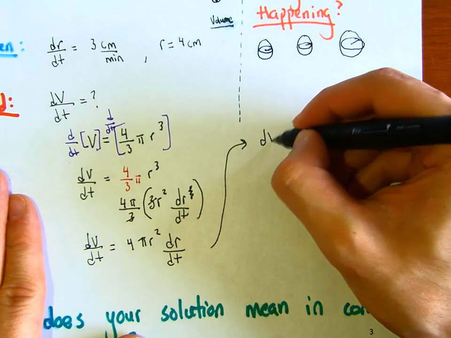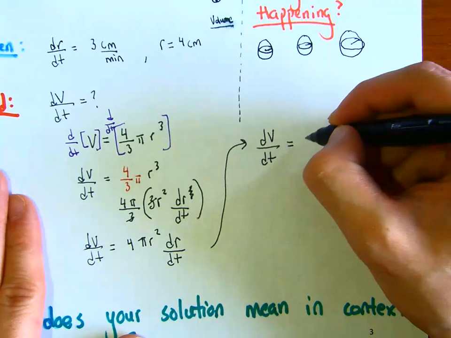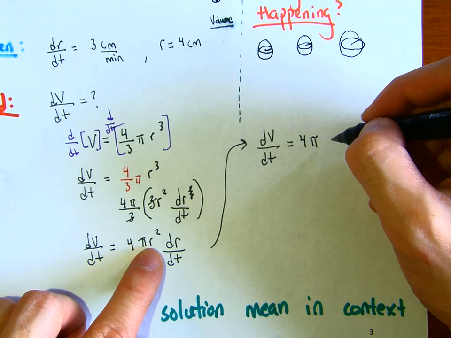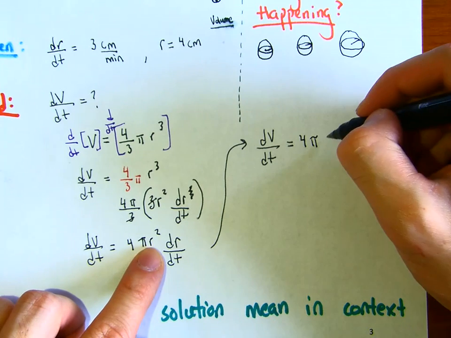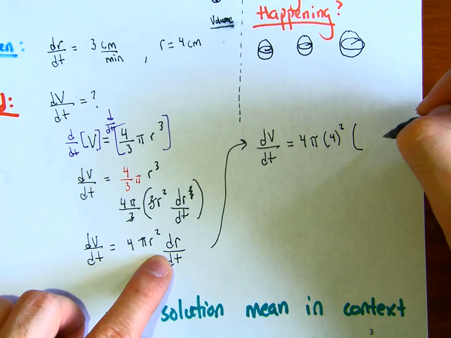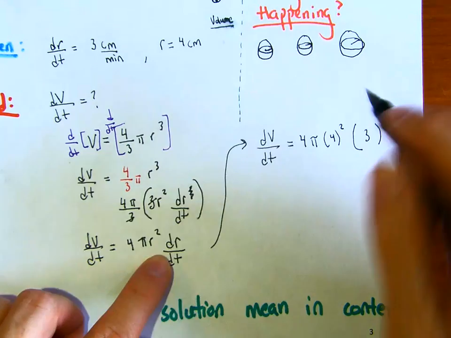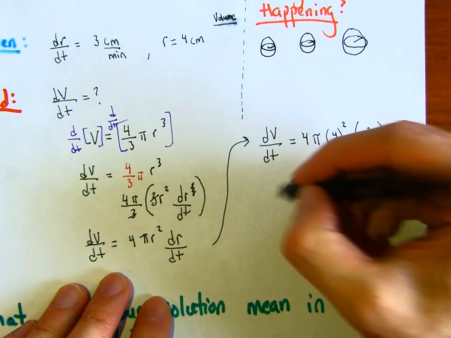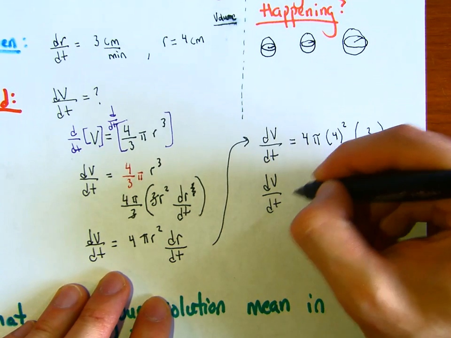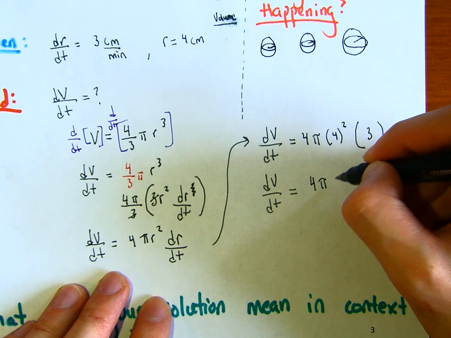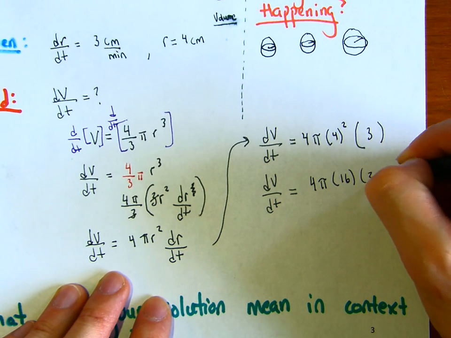So dV/dt is equal to 4 times pi times, what does r squared become? R squared is going to be 4 squared times 3. The centimeters per minute, we'll get to that afterwards. But then this just becomes, okay, this is not bad, 4 pi times 16 times 3.